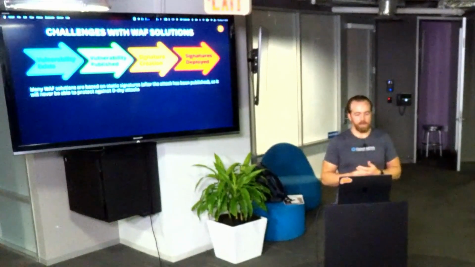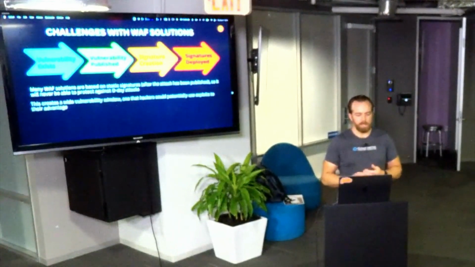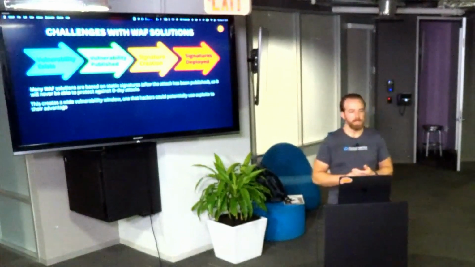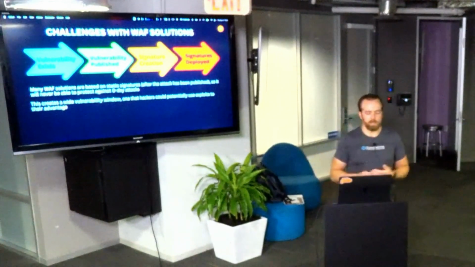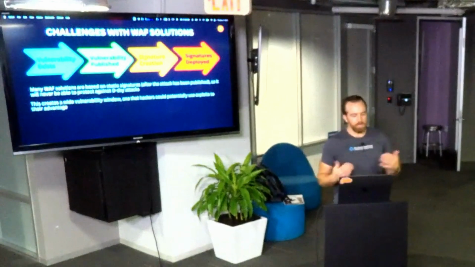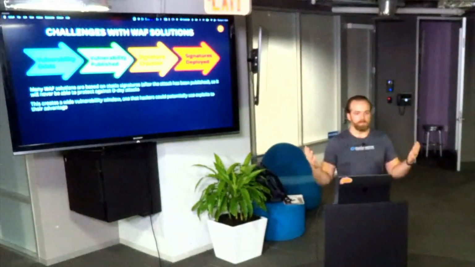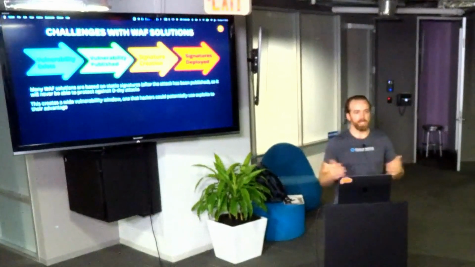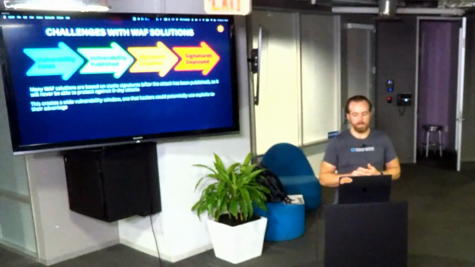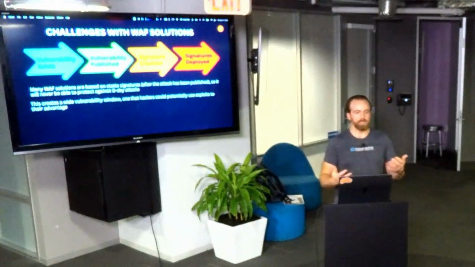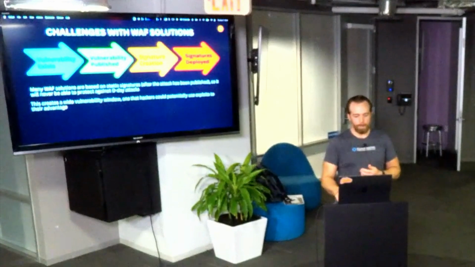So it's never really able to protect against zero-day attacks. That's what this solution really solves. This creates a wide vulnerability window, like I just described. You have all this time between your app being unprotected and the signature coming out, and then you're able to implement that signature and protect yourself against that vulnerability.